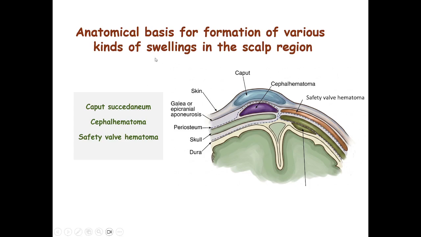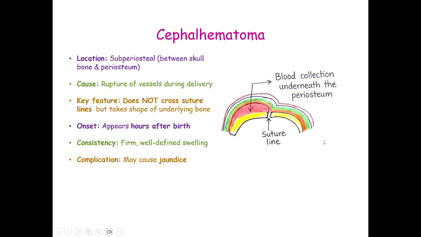Now there are three kinds of swellings which can develop in the scalp region called caput succedaneum, cephalhematoma, and subgaleal hematoma. Now this is a beautiful diagram which is explaining the same. Caput is developing in the second layer of the scalp. Cephalhematoma is developing in the fifth layer of the scalp, and subgaleal hematoma is developing in the fourth layer of the scalp. We want to see the anatomical basis of formation of these swellings.